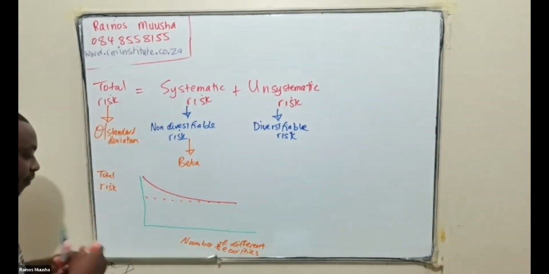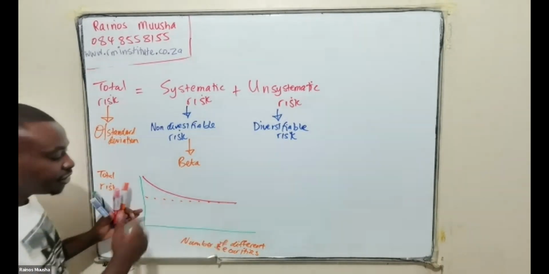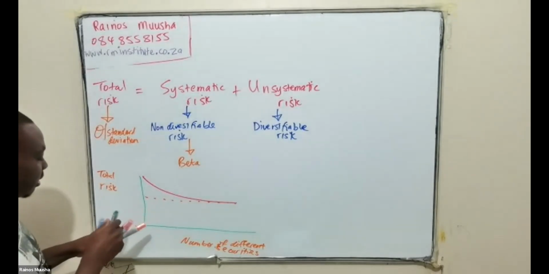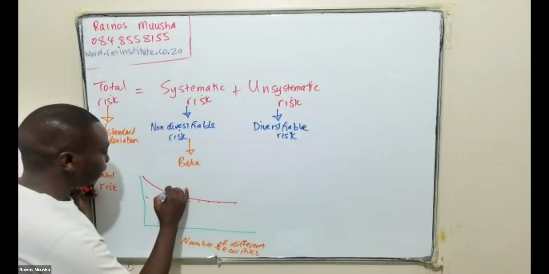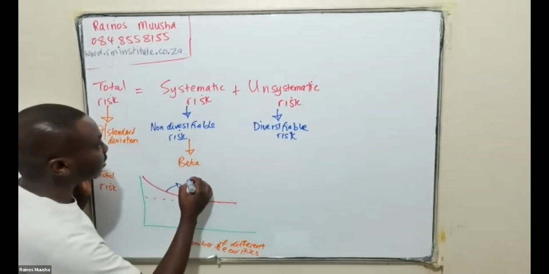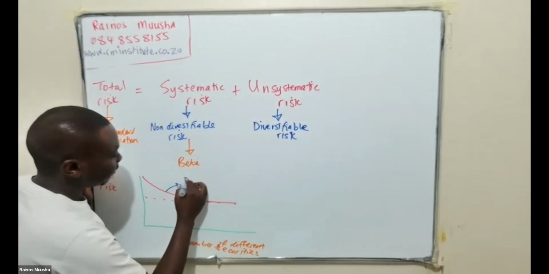And we said the more the number of different securities you have in your portfolio, the more this risk falls away. And what is this risk? This risk is the diversifiable risk.